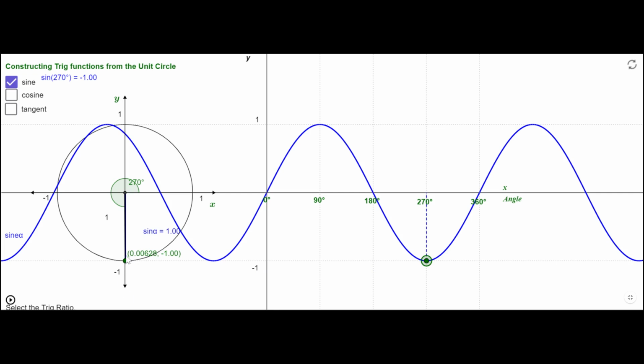Because it will be our opposite divided by our hypotenuse, our opposite being negative 1 and our hypotenuse being positive 1. And then in the fourth quadrant, sine is still negative. And obviously we can keep going. It doesn't have to stop at 360. We can keep going round and round and round, and the curve would just keep going.